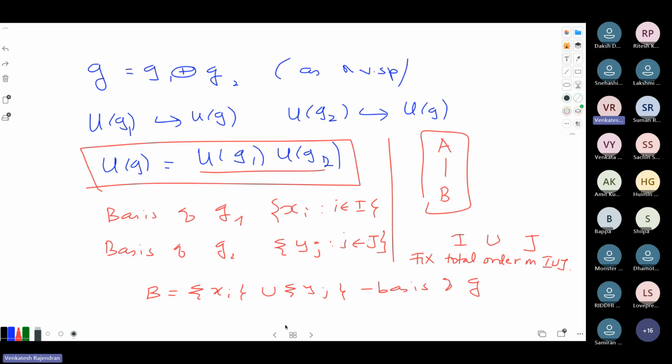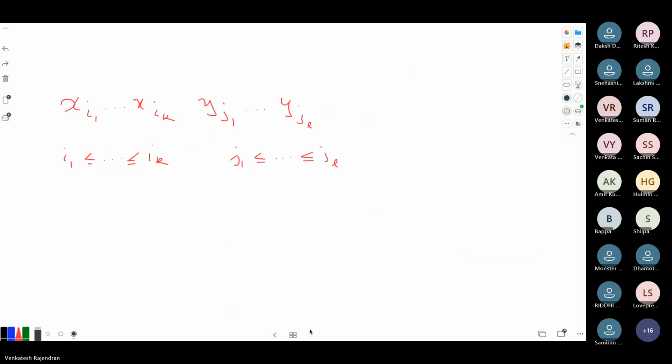I guess you should choose your order correctly. These elements that come from this product are going to span UG.